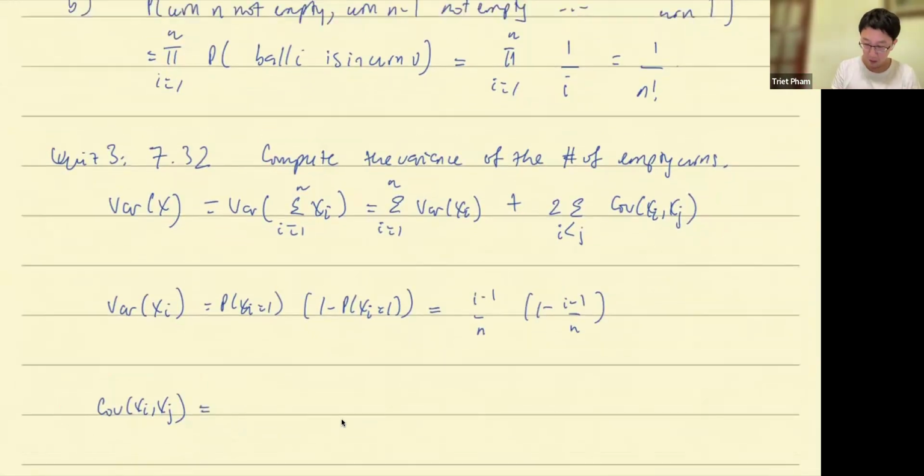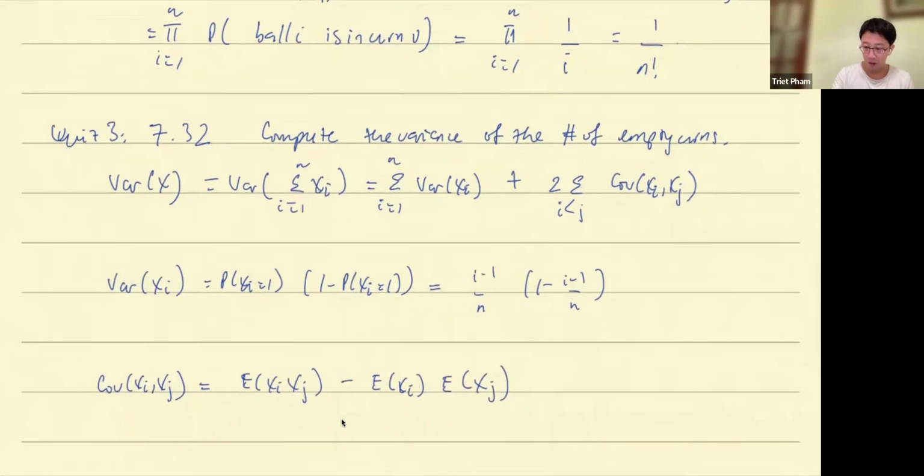So the covariance, right, will be the expectation of the product minus the product of the expectations, right? Now, this will be (i minus 1) over n times (j minus 1) over n, right, as calculated above. What about this?